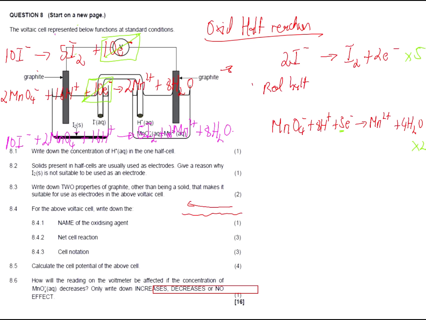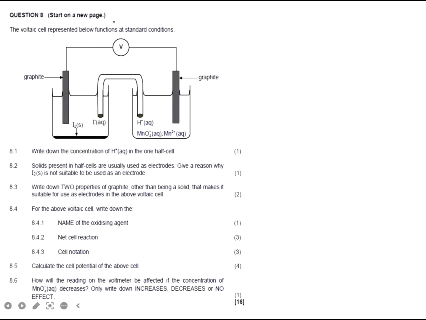Cell notation, guys. Note that here we had to borrow the anode and the cathode and use graphite, mainly because on this side here, we couldn't use this iodine since we said it's not a conductor.